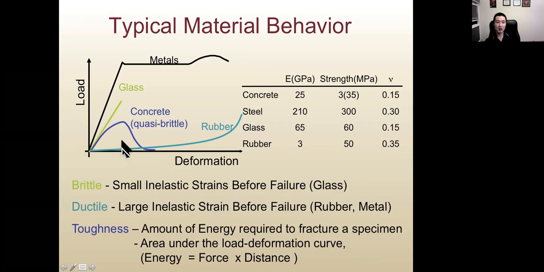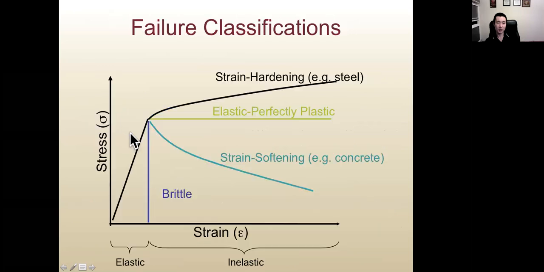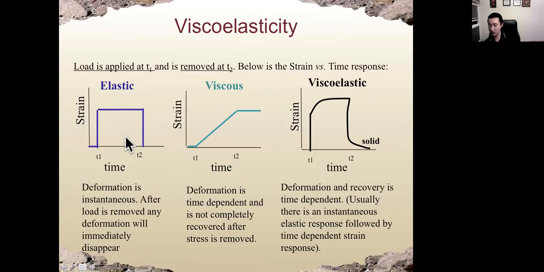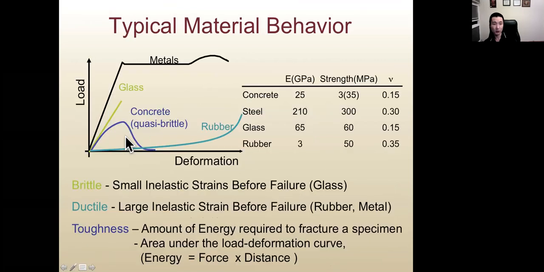For concrete, we call that quasi-brittle materials. It's kind of brittle, but not as brittle as glass. So concrete has some elastic region, then we have inelastic region. At the peak load, the concrete can still resist some of the load before final failure.